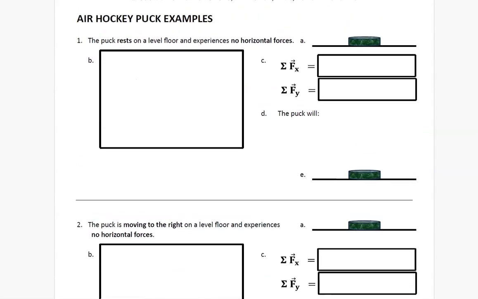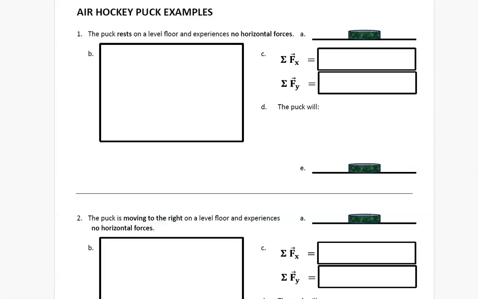All right, so problem number 1 says a puck rests on a level floor and experiences no horizontal forces. Okay, why does it say no horizontal forces? Well, because we're not levitating the puck up in the air and we're not driving the puck down through the ground. So right now, we know there's no net vertical force on the puck.